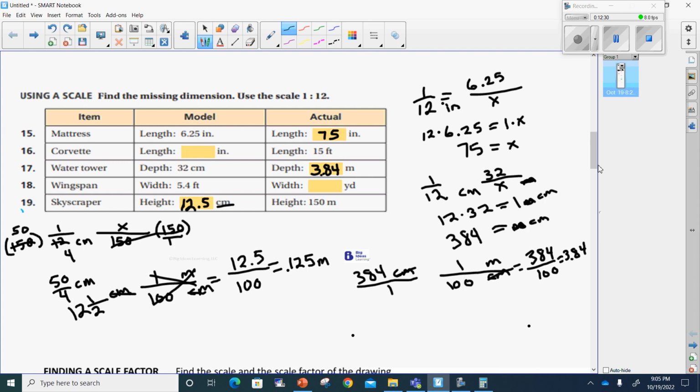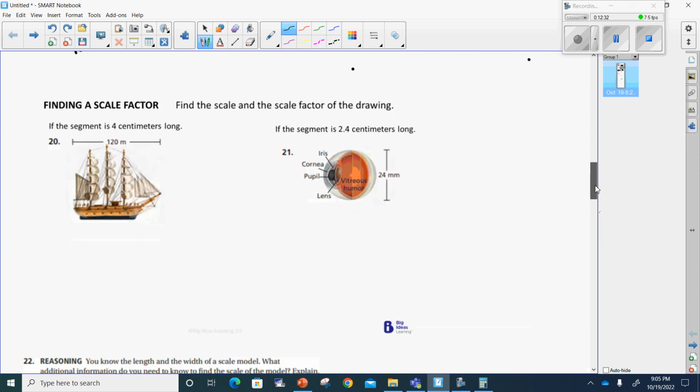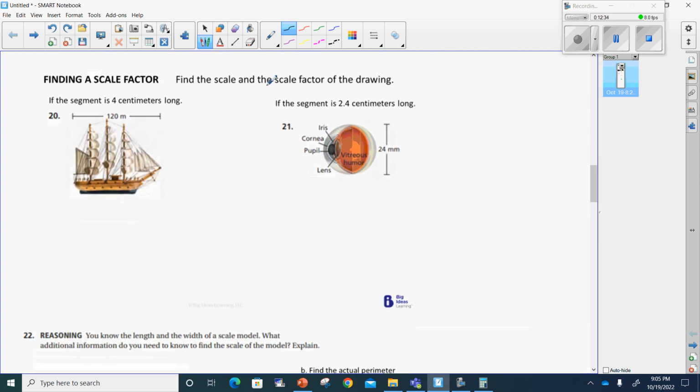All right, let's go to number 21. 21 says, find the scale and the scale factor of the drawing if the segment is 2.4 centimeters long, okay? The segment here is 2.4 centimeters long, right? They want the scale factor. Well, it says here that the 2.4 centimeters long is this segment.